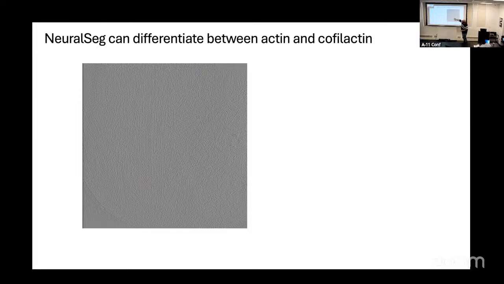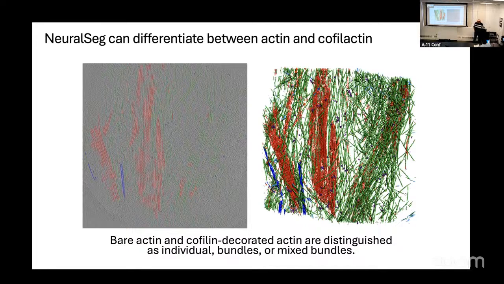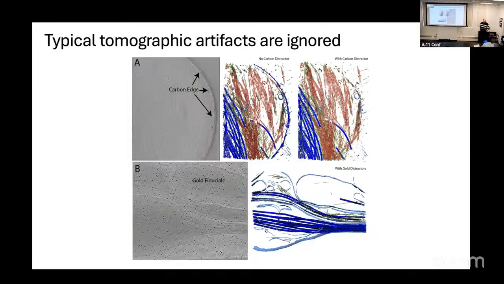The coprolactin are these squiggly actin filaments. It does quite a good job in situ, I should say, sort of delineating coprolactin from actin and pulling out bundles of coprolactin, individual filaments intercalated within bundles. It's a pretty robust model.